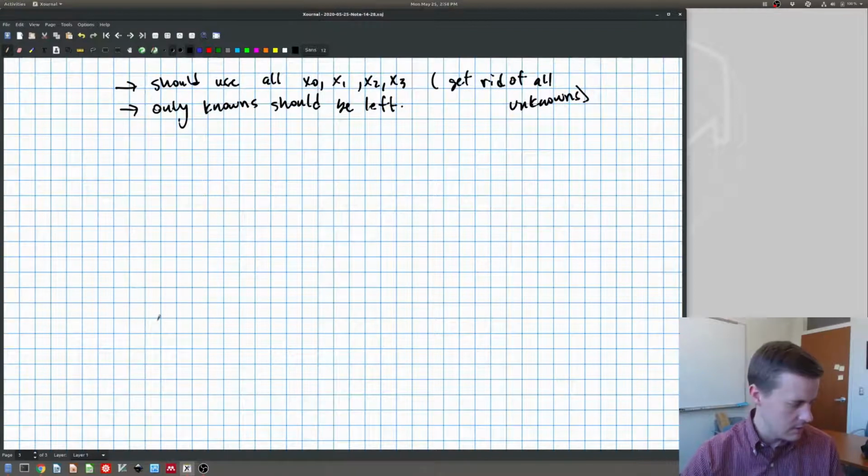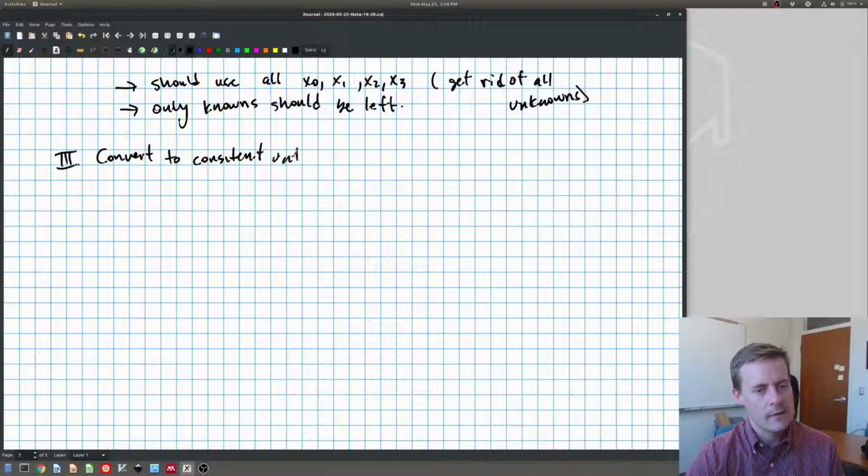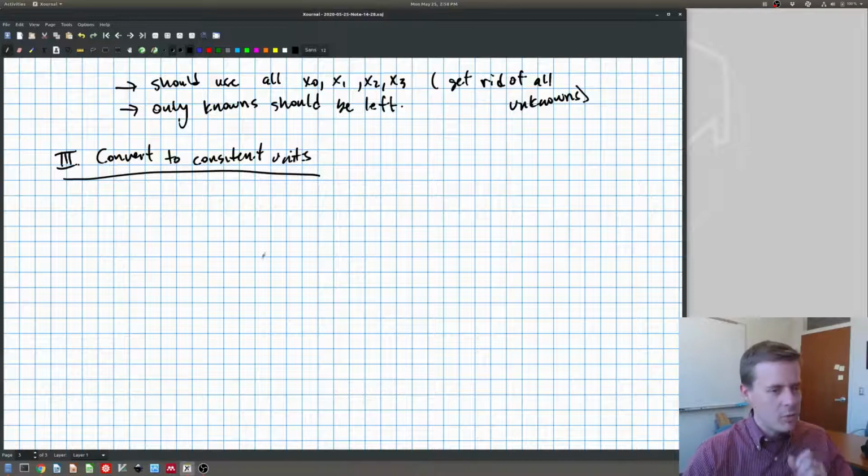Step 3, tip 3, is convert to consistent units. We talked about this way back at the beginning of class, if you've seen the other lectures here.